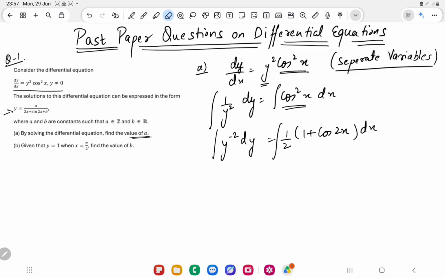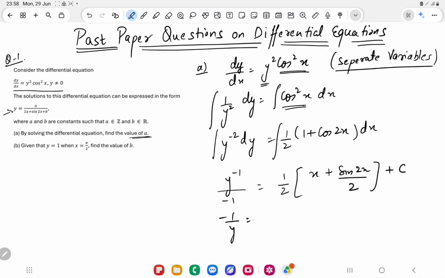So we can write it as y to the power minus 1 upon minus 1 equals 1 upon 2 outside, integration of 1 is x, integration of cos 2x is sin 2x upon the derivative of 2x, plus c. Now this I can write as 1 upon y equals x upon 2 plus sin 2x upon 4 plus c. So this becomes almost the solution, but my answer should be in this form.